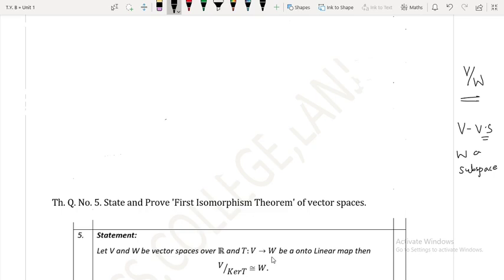Whenever you have a subspace of a vector space V, then immediately you can construct the quotient space. So over here, V is a vector space and W is a subspace of V, and therefore the quotient space V mod W is well defined.